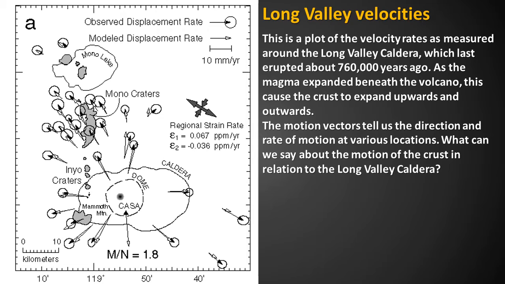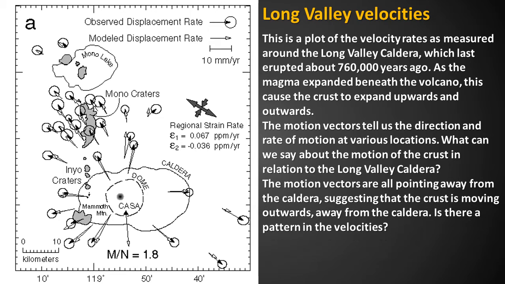The motion vectors tell us the direction and rate of motion at various locations. What can we say about the motion of the crust in relation to Long Valley Caldera? The motion vectors are all pointing away from the caldera, suggesting the crust is moving outwards away from the caldera.